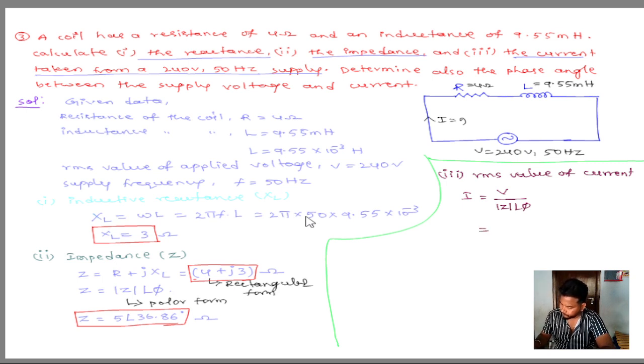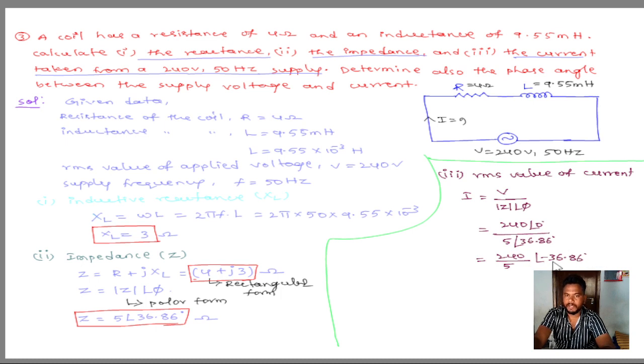And then V is nothing but 240. There is no angle of voltage, just we are taking 0, divided by the impedance, 5 at an angle 36.86. From that we are writing 240 by 5 at an angle minus 36.86, taking the denominator to the numerator.